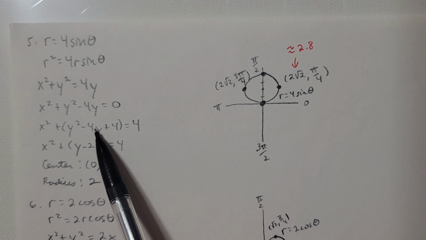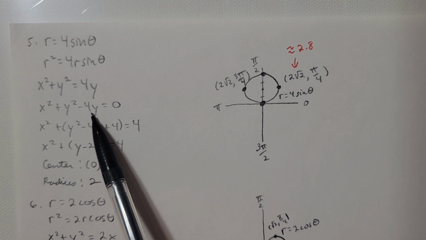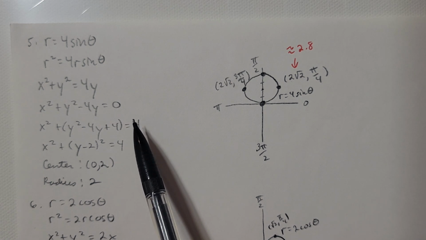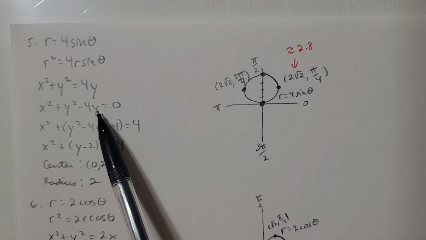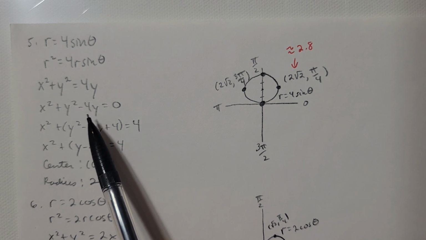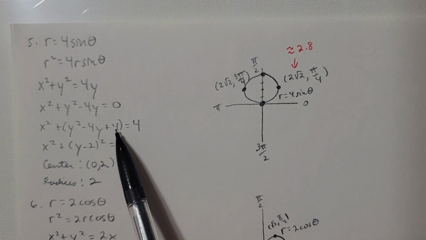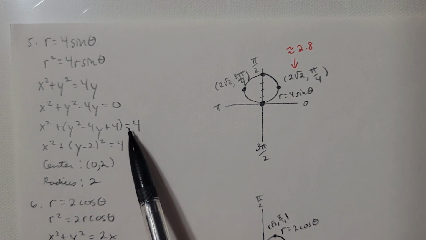To complete the square, I take half of the number in front of y and square it. Half of -4 is -2, and -2 squared is 4, so I add 4 to both sides.